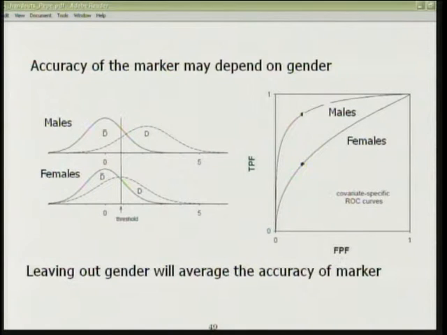The marker actually just doesn't predict disease status as well in females. And so what you get if you plot the covariate-specific ROC curves is that females are much lower, farther to the right. This marker is not as well able to distinguish. If you left a pooled curve in there, you get something sort of in the middle if you just pooled your data and ignored gender.